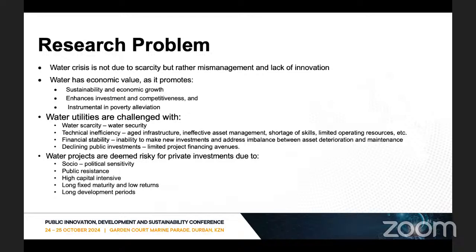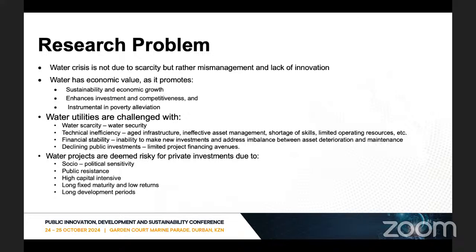Triple P has somehow become one of the critical factors in terms of coming up with innovative project financing models. But when it comes to water, it also has its own challenges, some of which are socio-political sensitivity around it, public resistance, and high capital intensity. The infrastructure is highly capital intensive, and the commercial institutions are not looking at a long term return on investment, and yet the tariffs for water supply services are low.